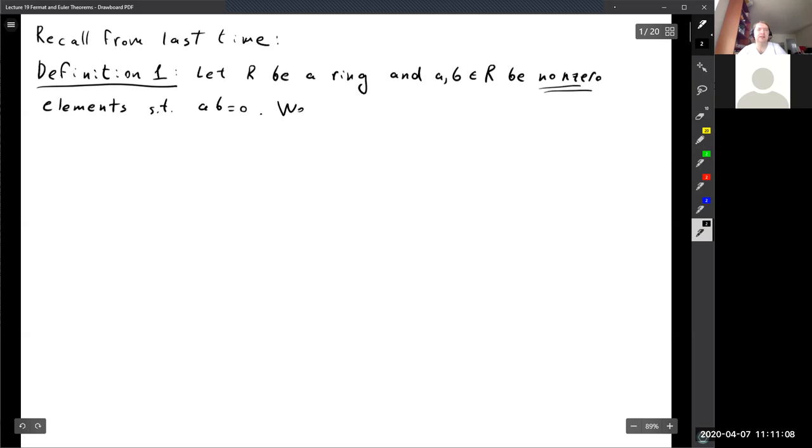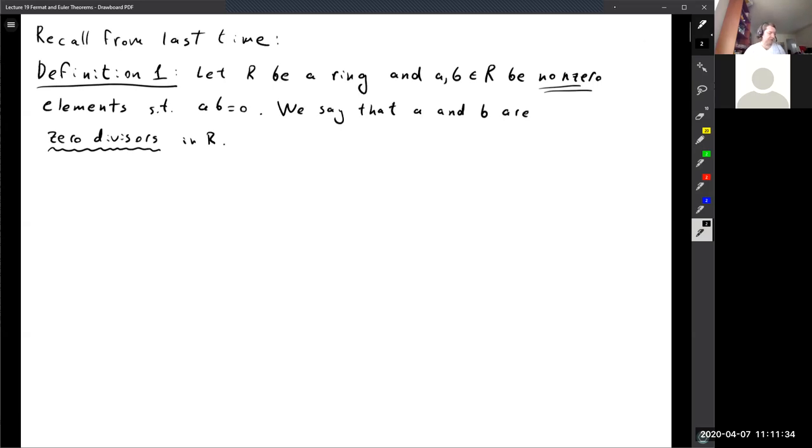Then we say that a and b are zero divisors in R. So we have considered quite a number of examples of rings with zero divisors.